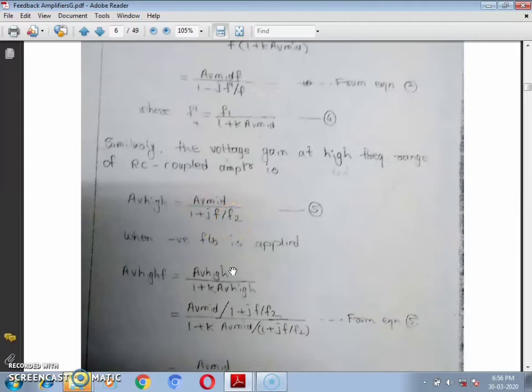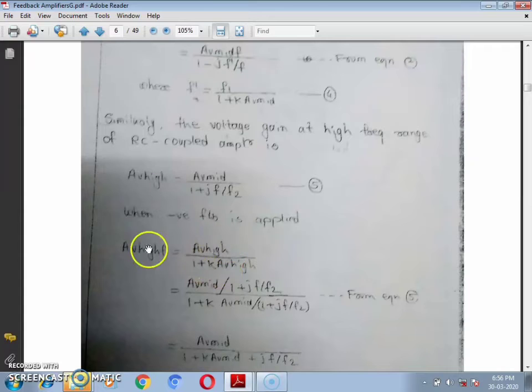Similarly, if we go for high frequency, AV at high frequency is given as AV mid divided by 1 plus J F divided by F2. When negative feedback is applied, if we plug in all these expressions, finally you will have AV mid divided by 1 plus KAV mid, divided by 1 plus J times F divided by F2 into 1 plus KAV mid.